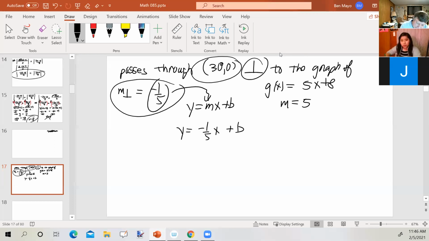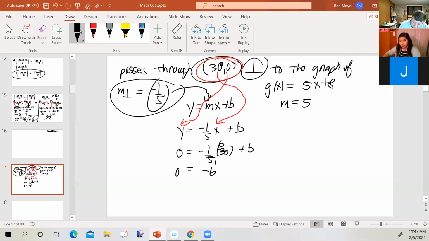All right. Now, I'm going to take this point and put 30 in the place of x and 0 in the place of y. So we get 0 equals negative 1/5 times 30 plus b. 0 equals negative 1/5 times 30 reduces down to negative 6 over 1, or negative 6 plus b.